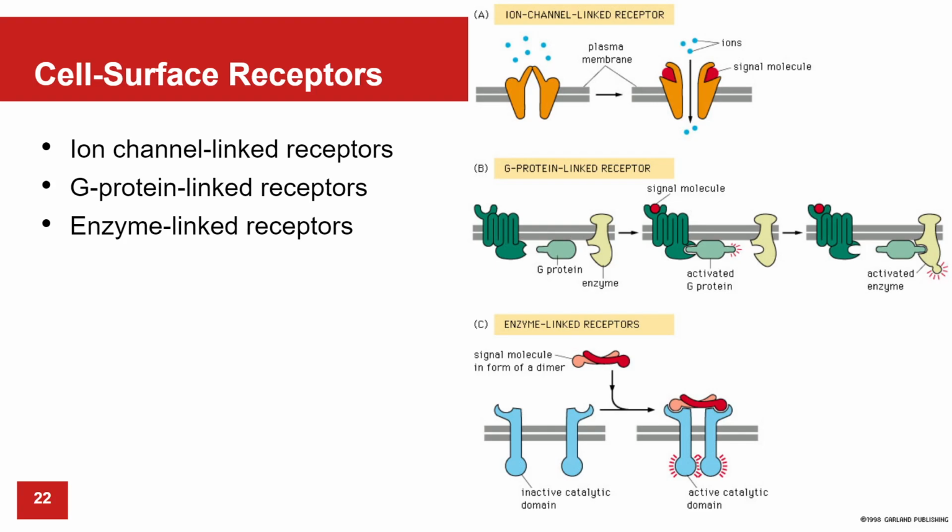They receive a signal molecule. They activate this G protein, which causes them to activate other proteins to get stuff done within the cell. And the example there was the release of glucose into the blood. Then you've got enzyme linked receptors, where your signal molecule comes in, turns into a dimer, and then you have these two proteins attached to each other. Enzymatically attached.